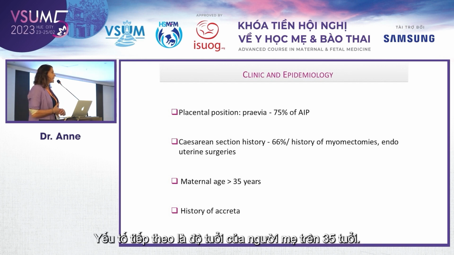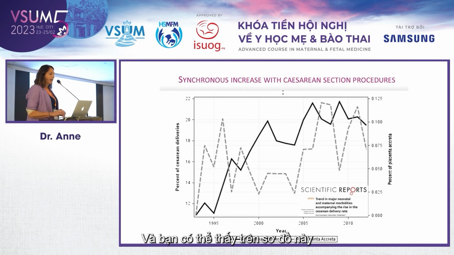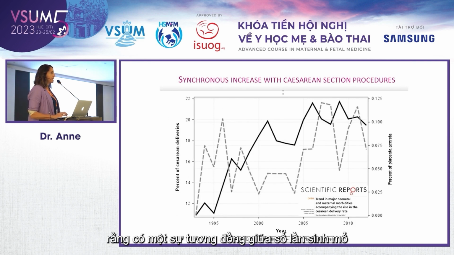Older women, maternal age over 35 years, and previous history of accreta. All these conditions have to be questioned for placenta accreta. You can see on this diagram that there is a parallel between the number of caesarean sections and the occurrence of placenta accreta.